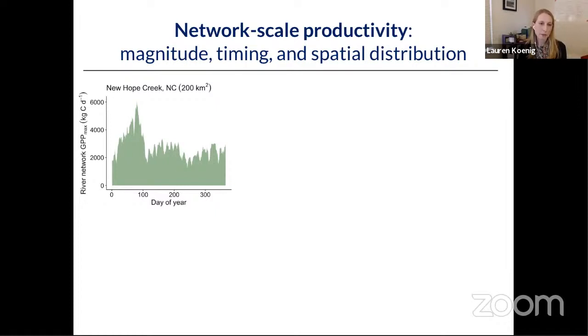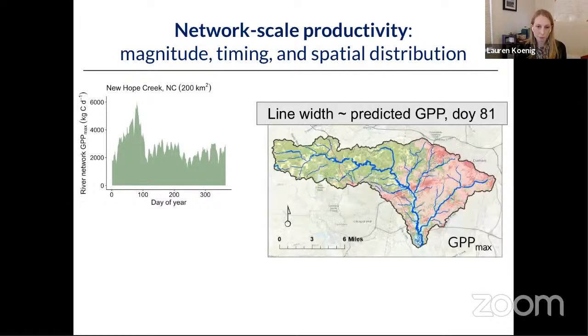Again, we can highlight these components of a river network productivity regime, where the annual magnitude represents the area under this curve. We can consider the timing. In this watershed, the main windows of opportunity occur in the spring, when GPP max is at its highest. And we can also consider the spatial distribution.